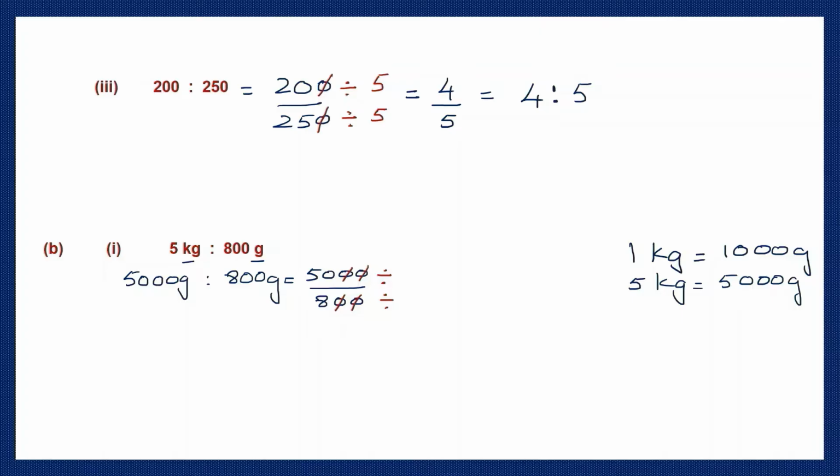The common factor here is 2. We can divide both by 2. So when we divide by 2, we get 2 into what is 50? 2 into 25. And 2 into what is 8? 2 4s are 8. So we have reduced it to 25:4. So our final answer will be 25:4. That is our ratio.